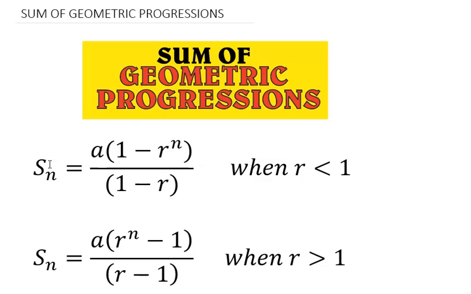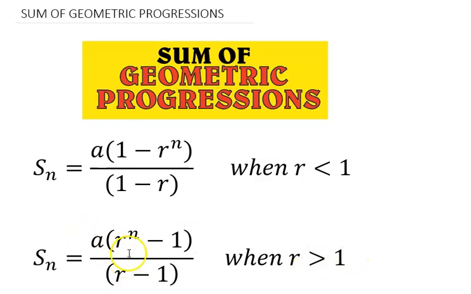If you are asked to look for the sum of a geometric progression, there's one particular thing you first of all need to look out for, which is your common ratio. If your common ratio is less than 1, you are going to be making use of this formula. But if your common ratio is greater than 1, you'll be making use of this formula.